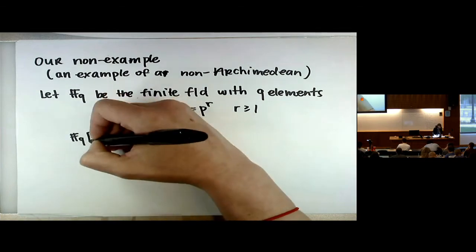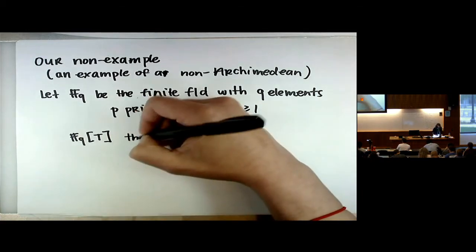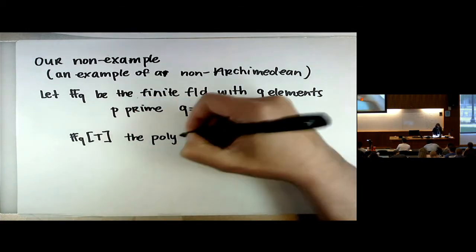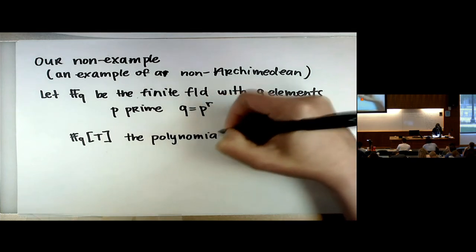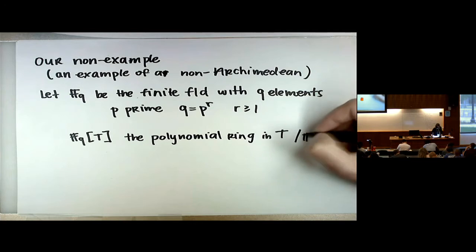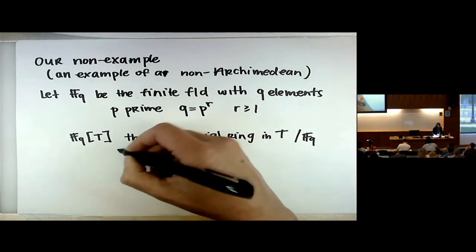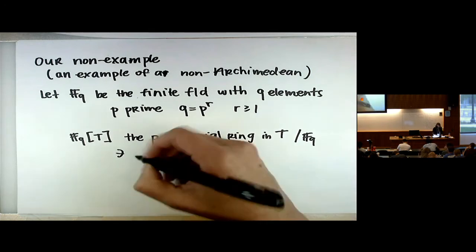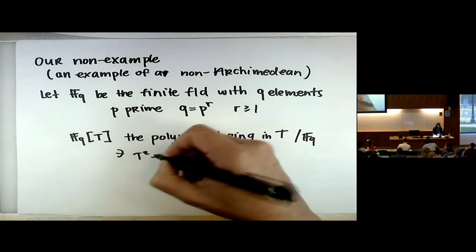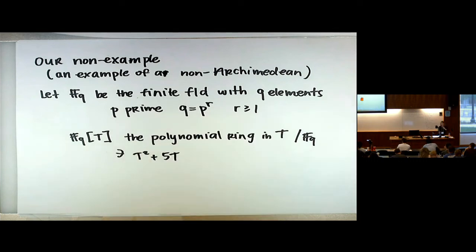Okay, I'm going to consider F_q[t], which I will say like this very fast, the polynomial ring in t over F_q. So just polynomials, like an element of this would be like t squared plus 5t, maybe, or something like that, if 5 is in F_q.